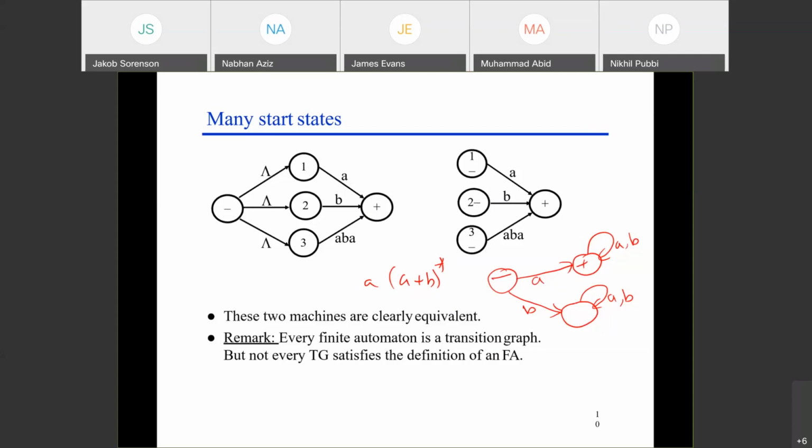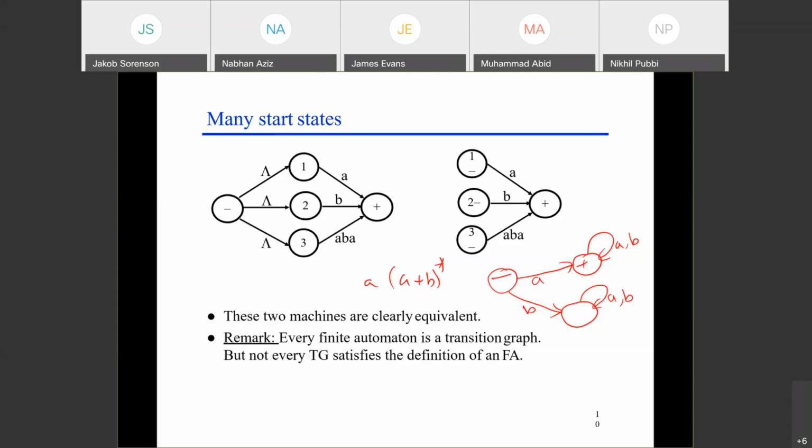Who will answer this question? Okay, Nikhil. Do you think that this is a valid TG? I believe so. The drawn one, right? Yes, which I drew. I'm not talking about FA, TG now. I discussed with James and Riley that this is a valid FA.